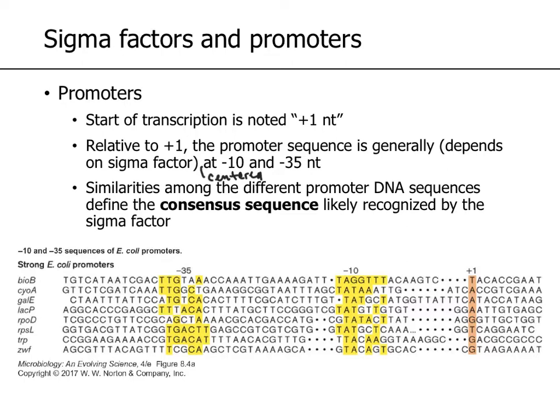What people have done is take all of these promoter regions from all the different genes that sigma 70 regulates and align them, and then you get what you call consensus sequences. The ones highlighted are the ones that are most often the same within that sequence if you align them all. That consensus sequence is the one that's most recognized by the sigma factor.